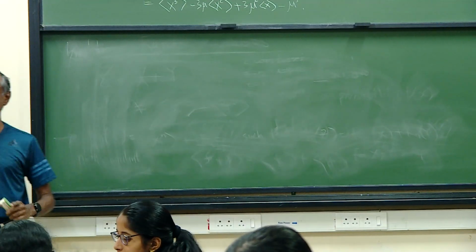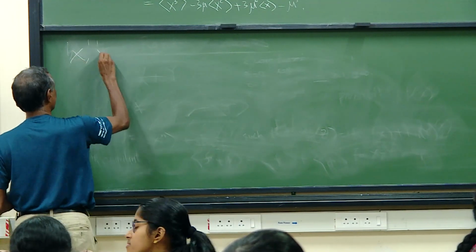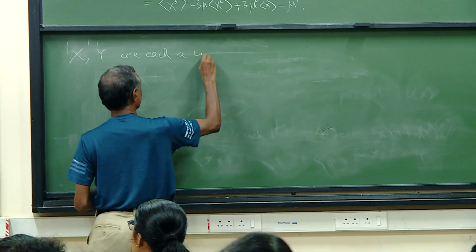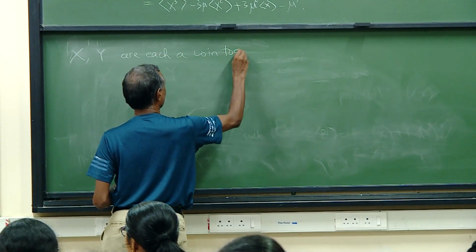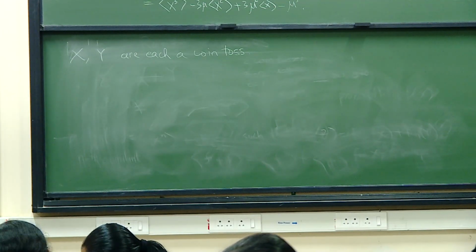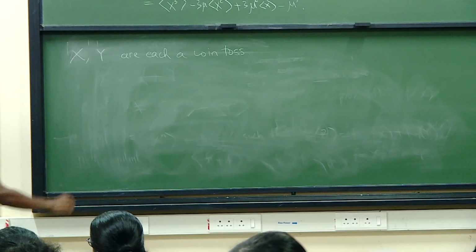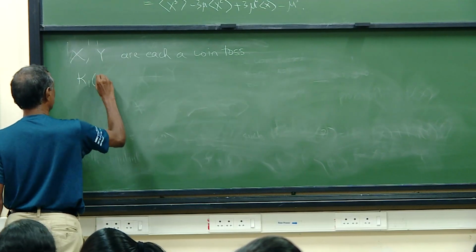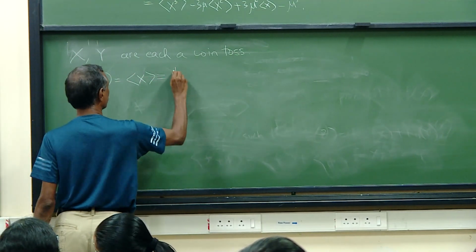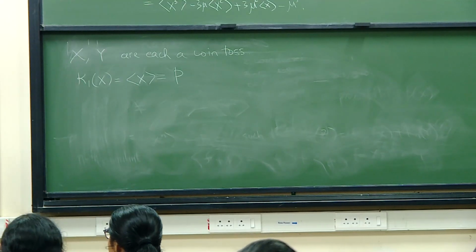So let's first do it for x. x and y arise from a coin toss each, independent coin toss. We have done this computation.